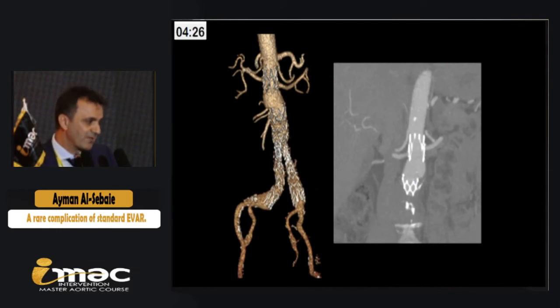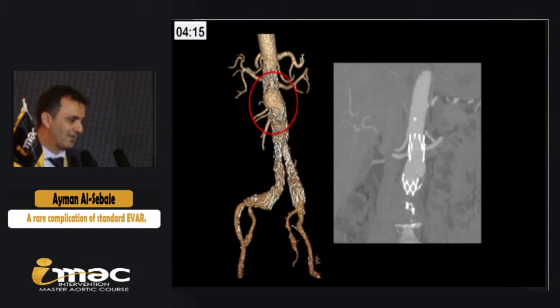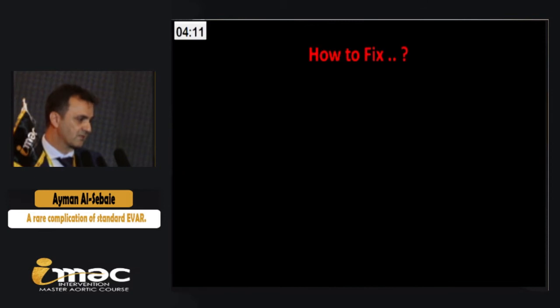So this is what we are dealing with now. There is a gap between the bare metal and the stent graft, and the stent graft migrated down, and the iliac limb also started to kink. So this is the main problem.